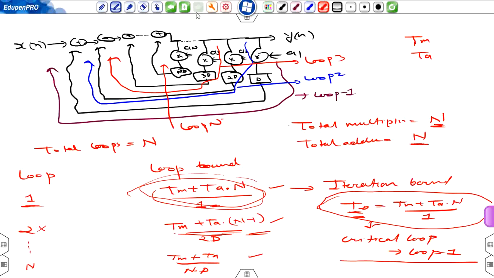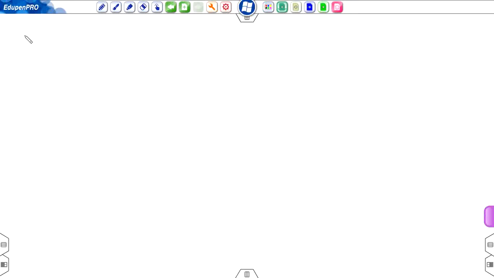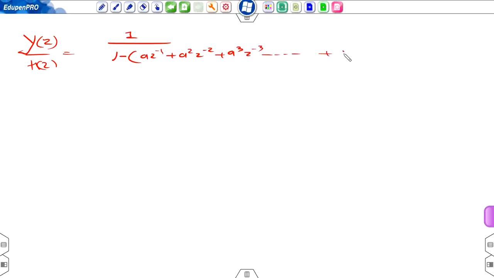Okay, so this can be explained in terms of transfer functions. So I have Y(z) by S(z) equal to 1 upon 1 minus E z raised to power minus 1 plus E square z raised to power minus 2 plus E cube z raised to power minus 3, up to E raised to power n z raised to power minus n.